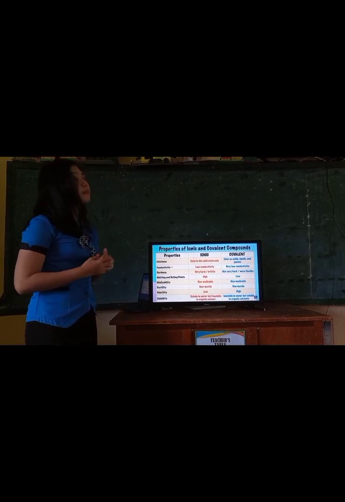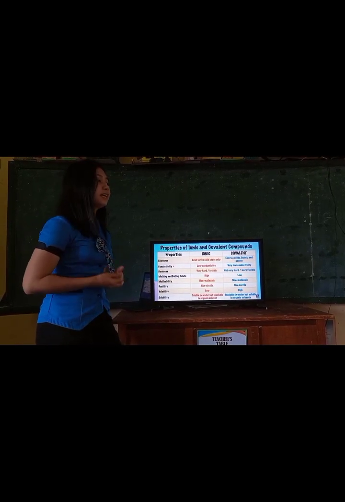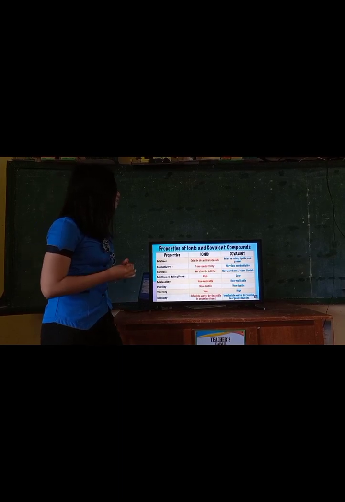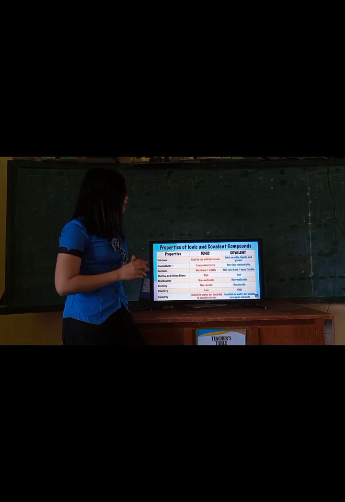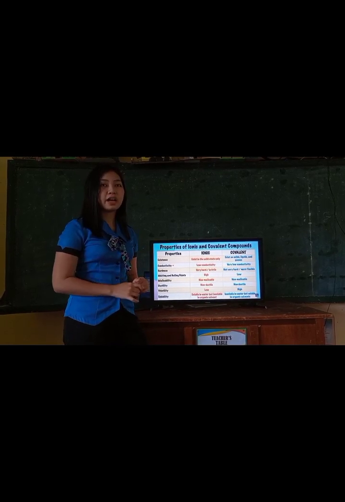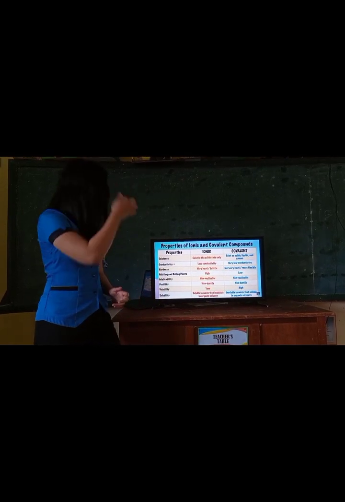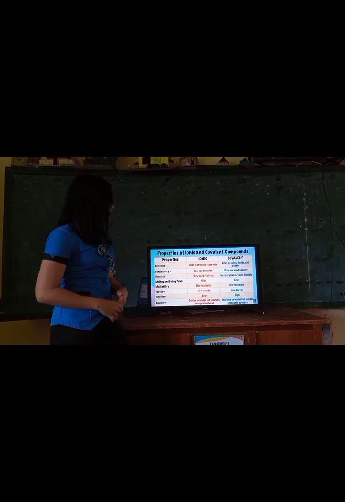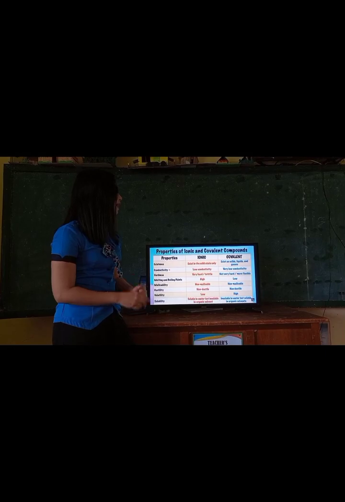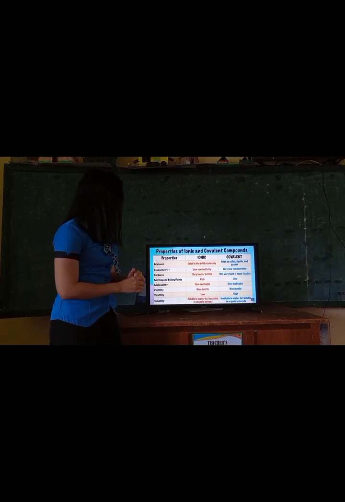When it comes to malleability and ductility, class, ionic and covalent bonding are both not malleable and not ductile. Covalent bonding has higher volatility than ionic.